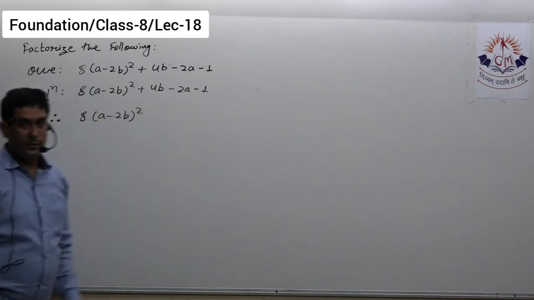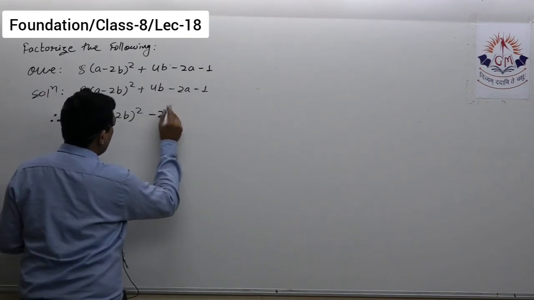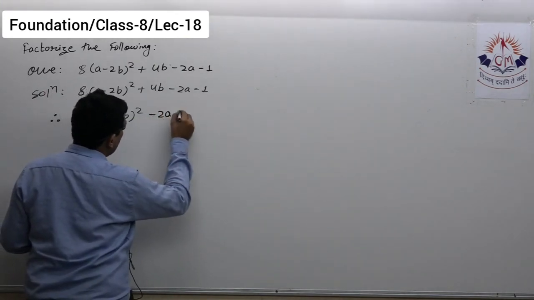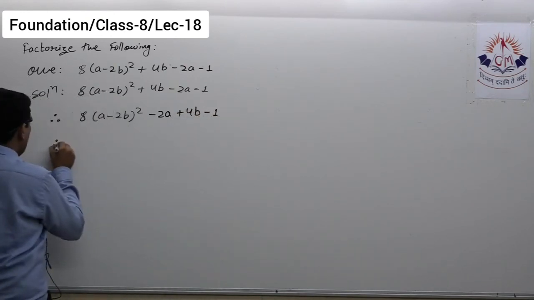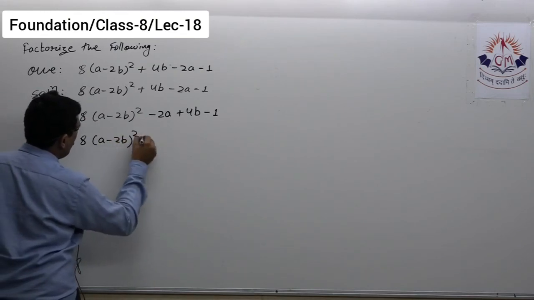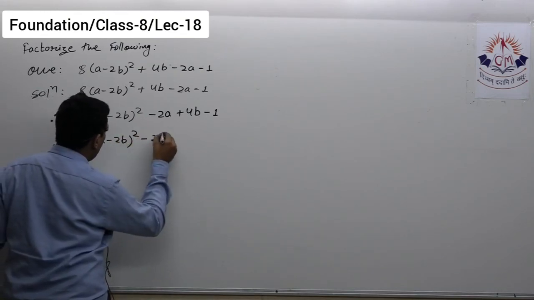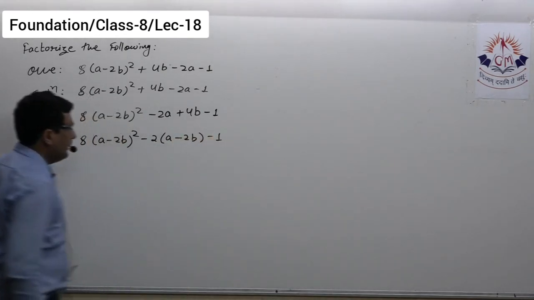So let us see what we can do after that. Before that, I am writing it this way: minus 2a plus 4b minus 1. Now from the 8a minus 2b whole square, I can take minus 2 common, so a minus 2b minus 1, isn't it?